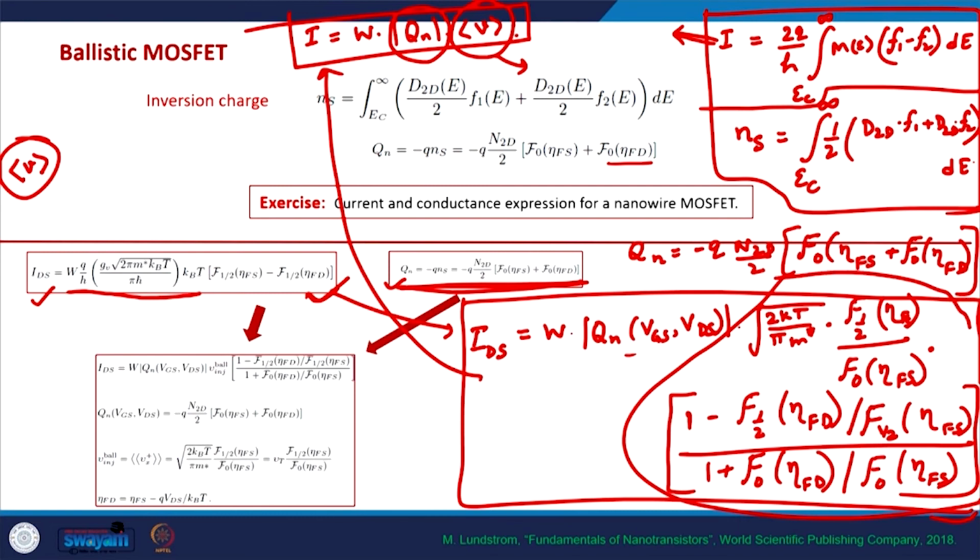Okay. So this is the average velocity right at the top of the barrier in a ballistic MOSFET, and as you can see, apart from the unidirectional thermal velocity component, let's cleanly write here this average velocity.